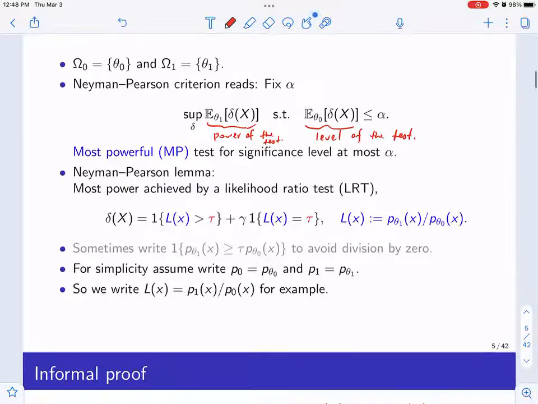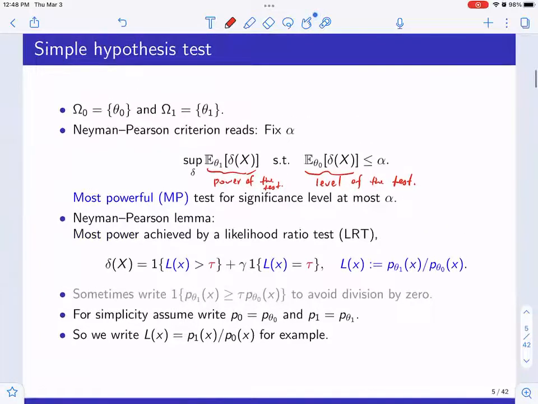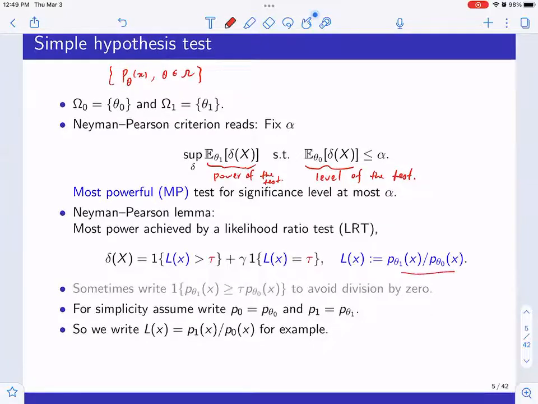Let's say there is a density for each of the probability distributions that you're looking at, p theta of x. If I look at the ratio of the densities, p theta 1 of x divided by p theta naught of x, this is a likelihood ratio. And the Neyman-Pearson lemma suggests that we should reject if this is large.